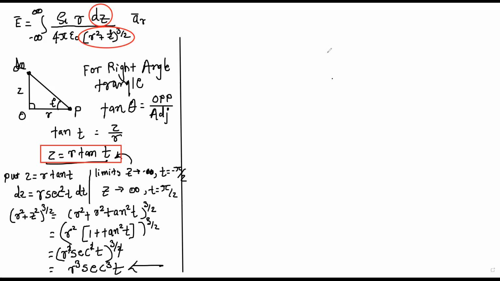Yes sir. ओके. बघा आता आपण या इक्वेशन पासून सुरुवात केली. आपल्याला पहिला तर लिमिट्स नवीन भेटले, ठीक आहे. म्हणजे ह्या लिमिट साठी सबस्टिट्यूशन करणार आहे तुम्ही, त्यानंतर dz चेंज करणार आहे. dz च्या ऐवजी आता आपल्याला काय लिहिता येईल, r sec square t dt. आणि त्यानंतर आपल्याला ह्या डिनॉमिनेटर मध्ये r square plus z square bracket raised to 3/2 याच्या ऐवजी काय लिहिता येईल, r cube sec cube t.